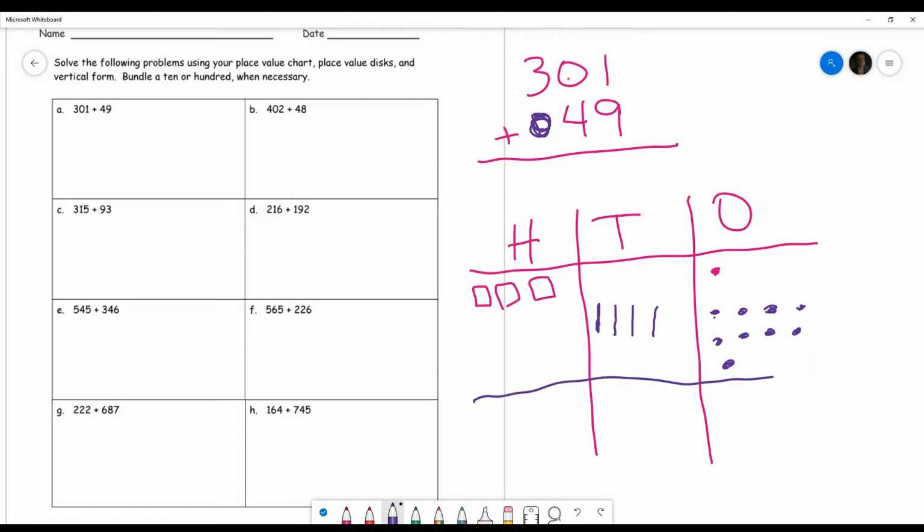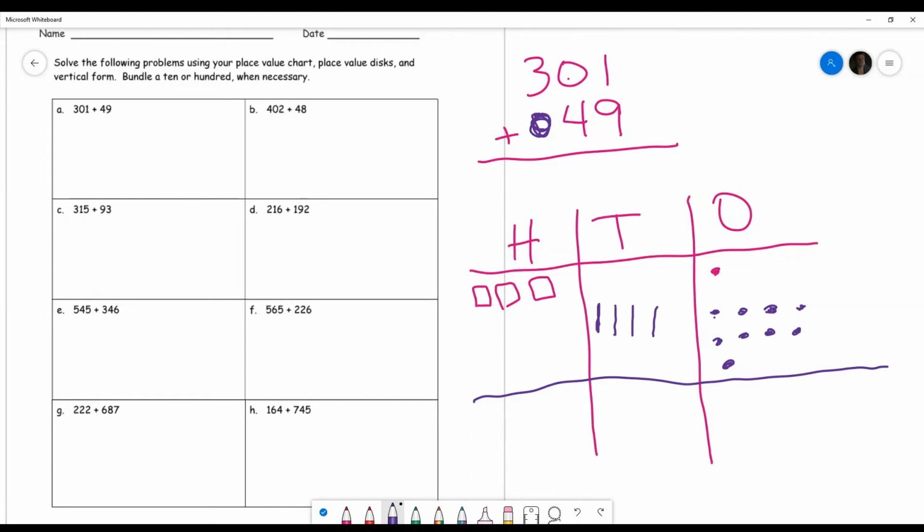Now we're going to add. So this is where bundling comes in, okay? So when we're adding up all of our numbers, we always start in the ones spot. So let's count our ones.